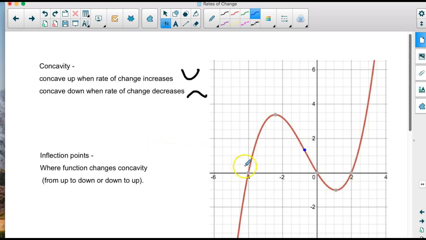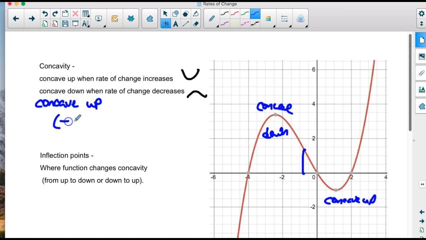That's when we change, because this is concave down, and this is concave up right here. And we change concavity right here at this point on the x value. So it's concave up from negative infinity to this x value here, which we're going to say is halfway between these.